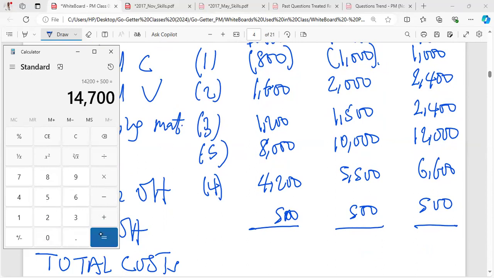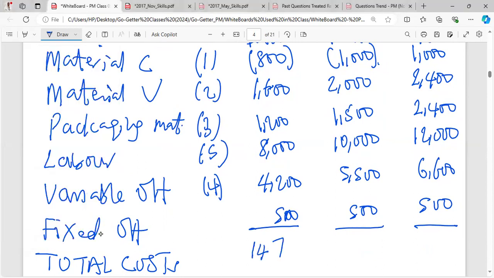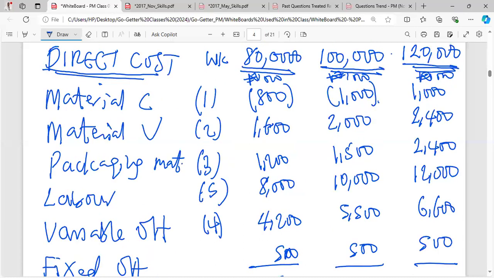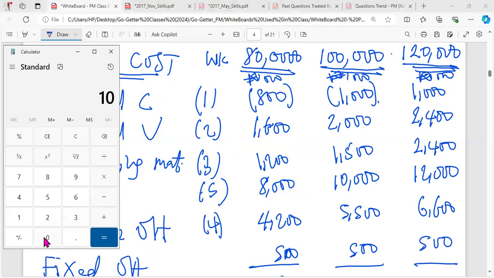That gives me 14,700. I'll go again. 1,000, I'll put a negative sign, plus 2,000, plus 1,500, plus 10,000, plus 5,500, plus 500. And that gives me 18,500.